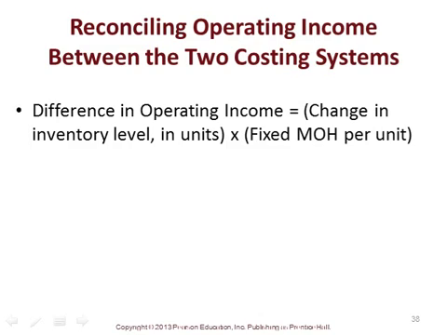And so if we want to reconcile these two, we simply have to take the change in the inventory level in units times the fixed manufacturing overhead per unit, because that fixed manufacturing overhead per unit is the only difference between the two. That's what's tied up in the inventory account for absorption costing versus being reflected on the income statement for variable costing purposes.